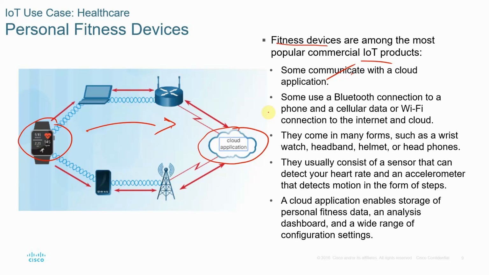Some of them use Bluetooth, some of them use cellular data. They come in many forms, maybe a wristwatch, a headband, or a helmet, and so on. They consist of a sensor that can detect your heart rate and an accelerometer that detects your motion in terms of your steps, so you may have something that you run with. And then the cloud application enables the storage for a desktop.